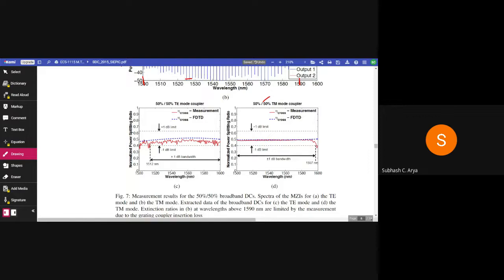Eta cross is the red, blue is the FDTD, and this is the measured one, and this is the FDTD method.